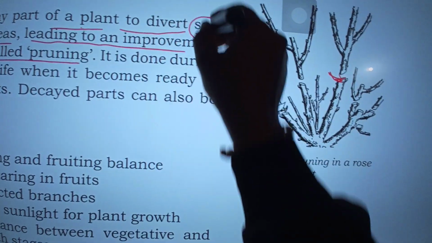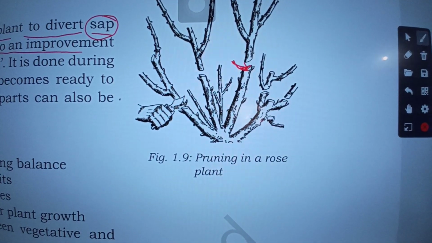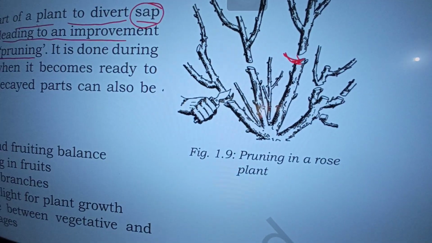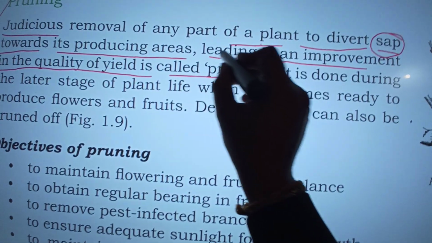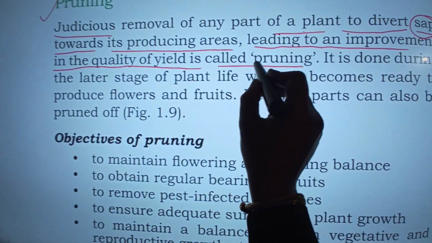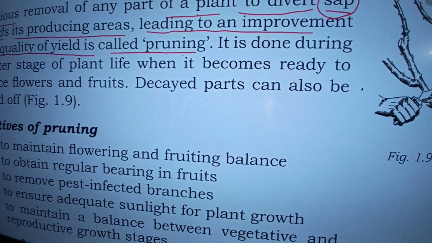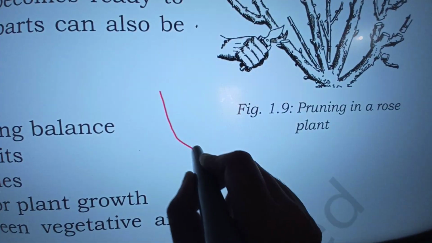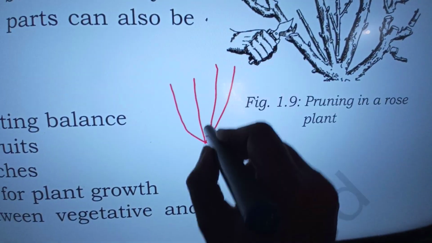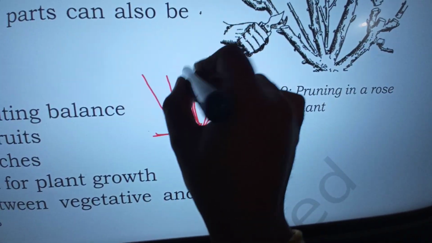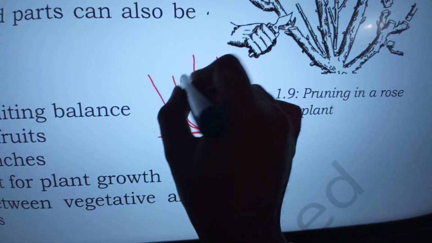By the technique of pruning, we divert the sap towards our desired areas, leading to an improvement in the quality of yield. So it helps to increase the quality of the yield. Suppose there are 5 branches. If I consider this as a plant, and here if I draw, these are 5 branches of a plant.